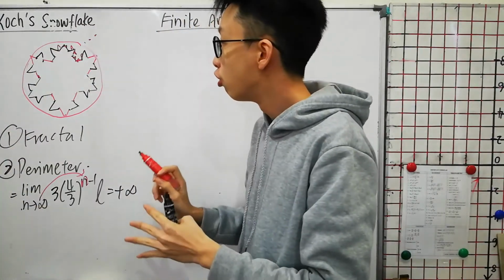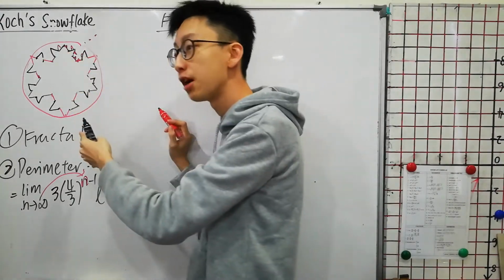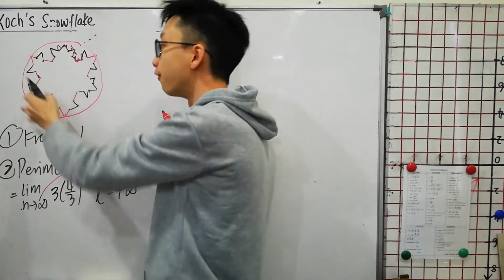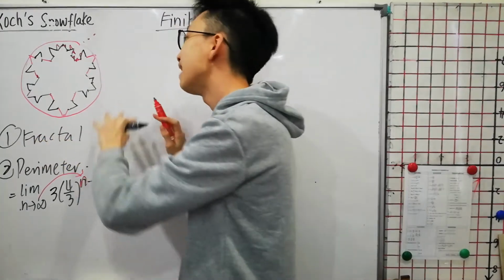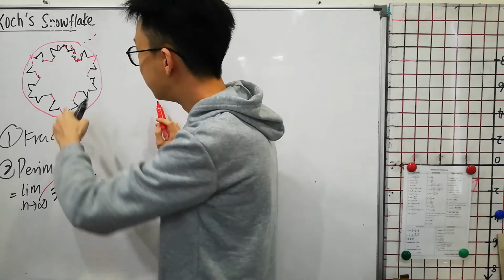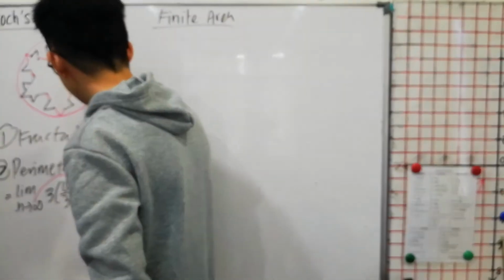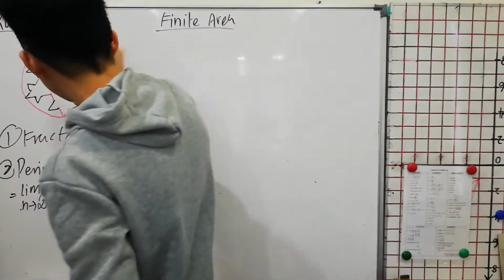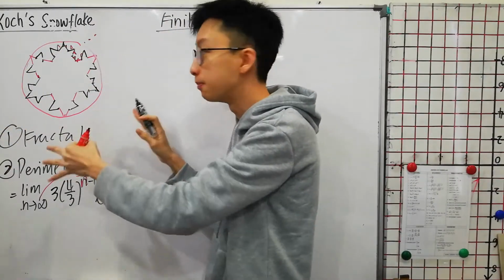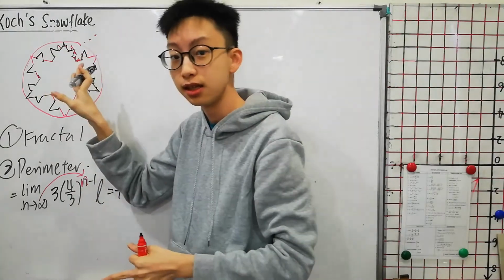So we can say that the area of the whole shape depends on the area of this circle, and the area of this circle actually depends on the area of the first equilateral triangle. I think I have to draw it more clearly. So this is an equilateral triangle inscribed inside this circle.